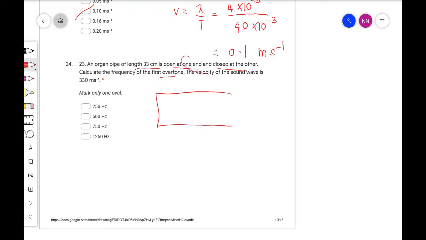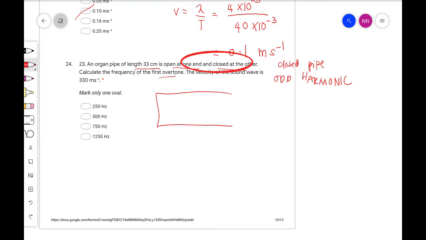Open at one end and closed at the other, that means this is a closed pipe. So for a closed pipe, only odd harmonics occur. So you have to calculate the frequency of the first overtone.